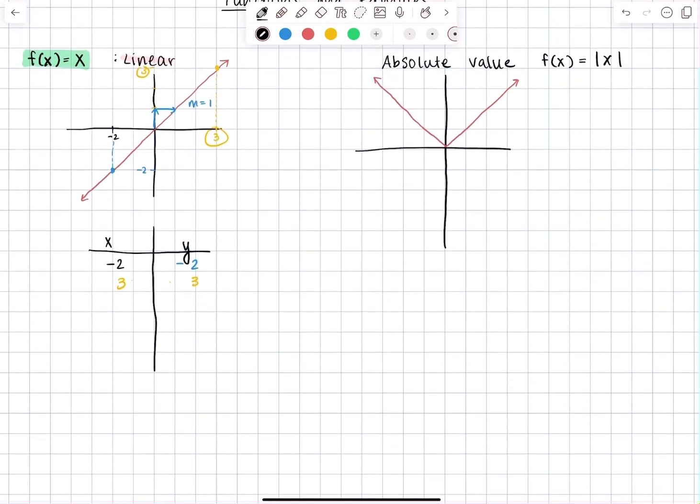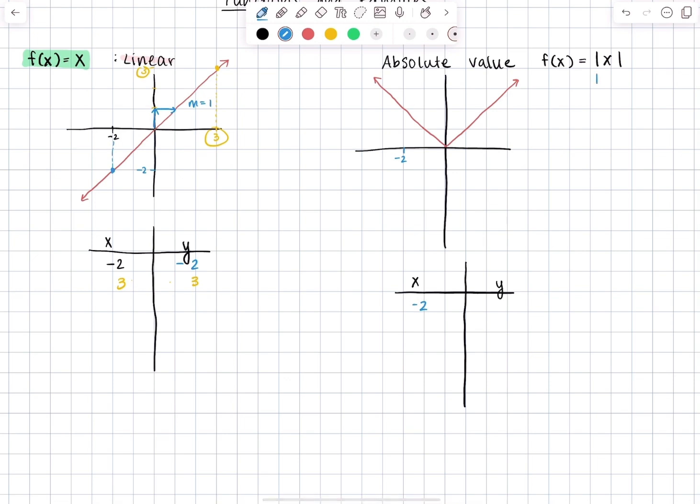So let's see this in table format. We have a couple of x and y values. Let's pick the number -2. So when the x value is -2, remember absolute value tells us the distance from 0.